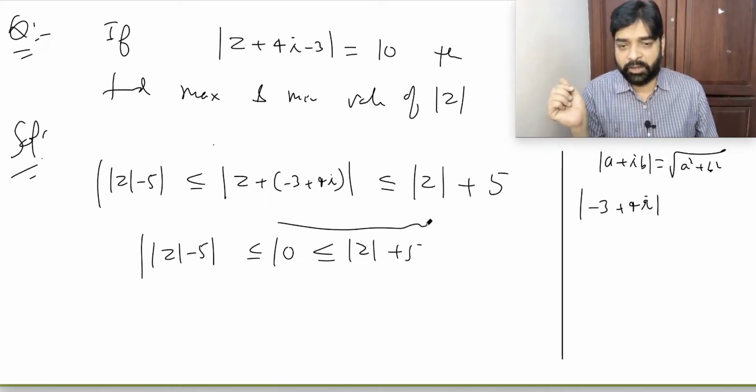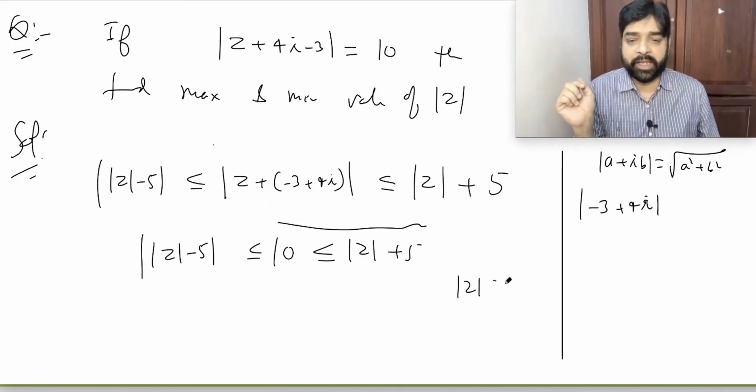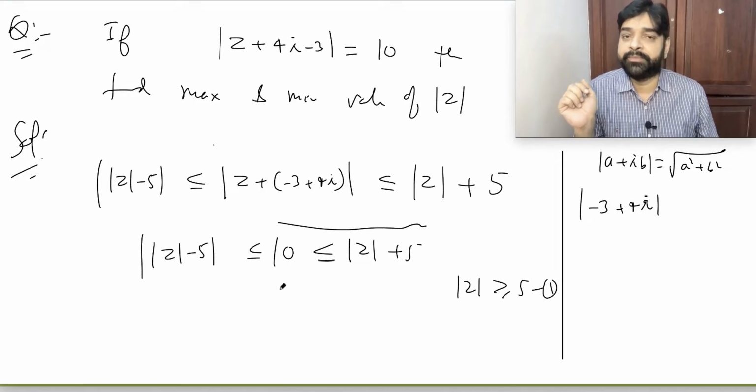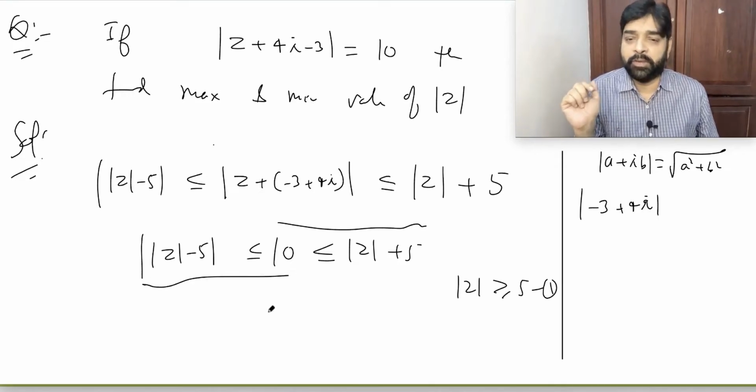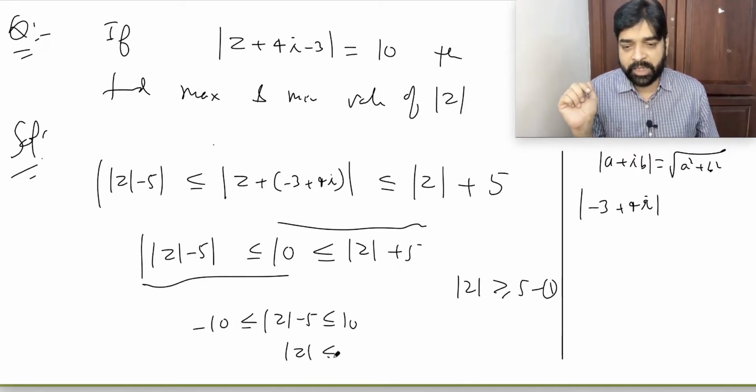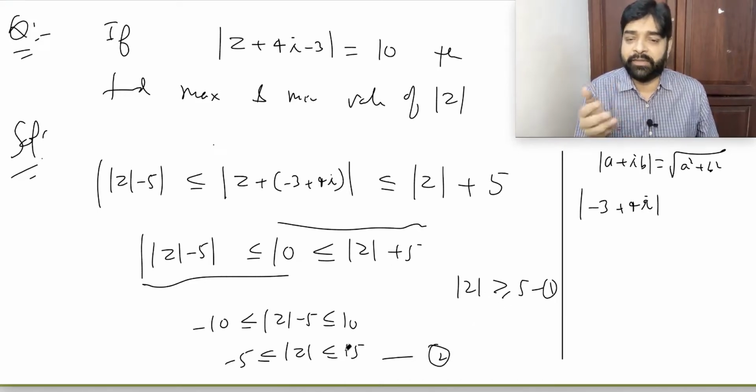Now if you solve this portion, you will get what? Mod z greater than or equal to 5, first condition. When you solve this portion, you will get mod z minus 5 less than or equal to 10 but greater than or equal to minus 10. Or you can say mod z less than or equal to 15 and greater than or equal to minus 5. These two common values. This is saying greater than 5, this is saying less than 15. So finally the common value will come what?